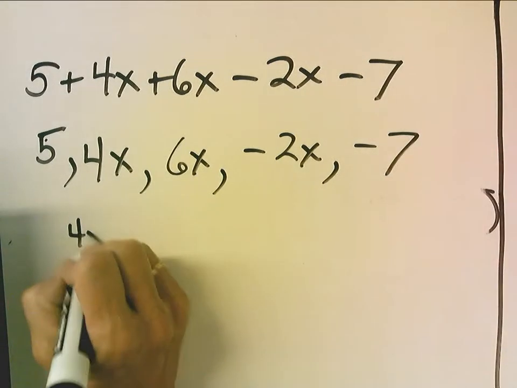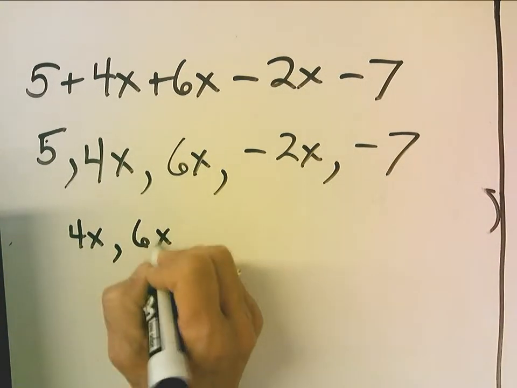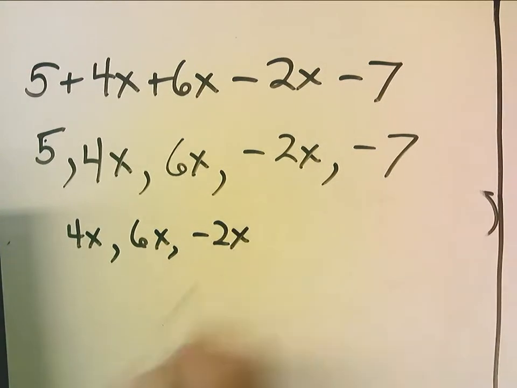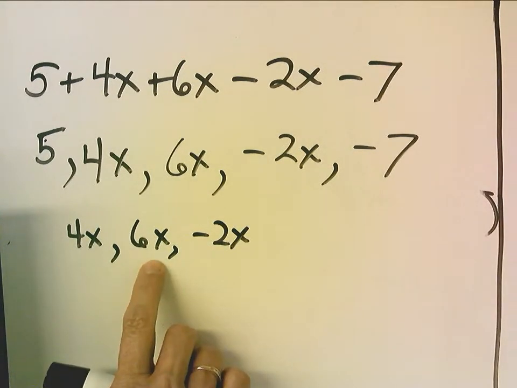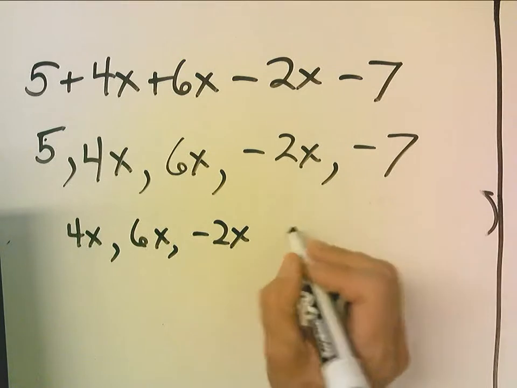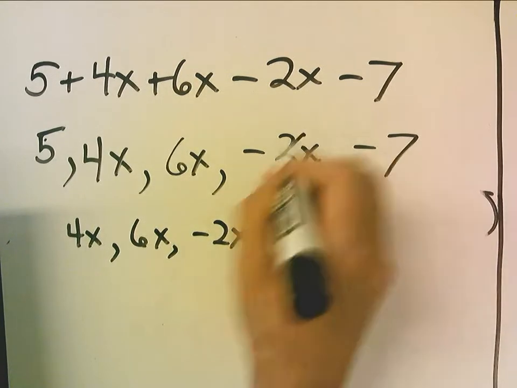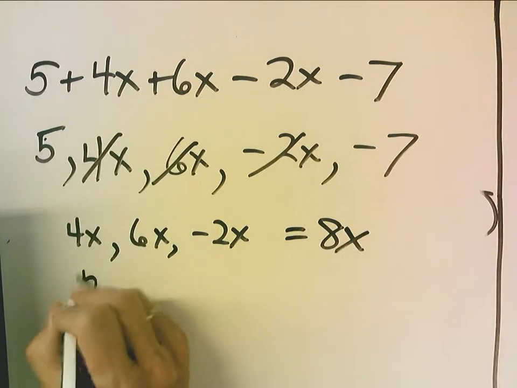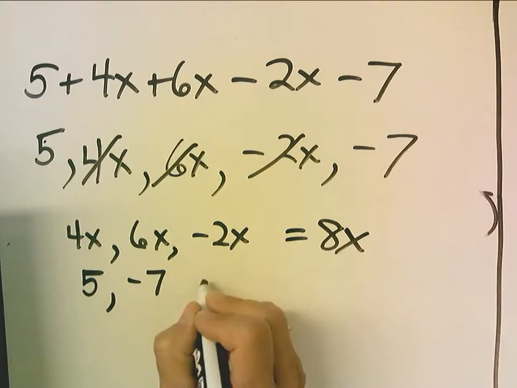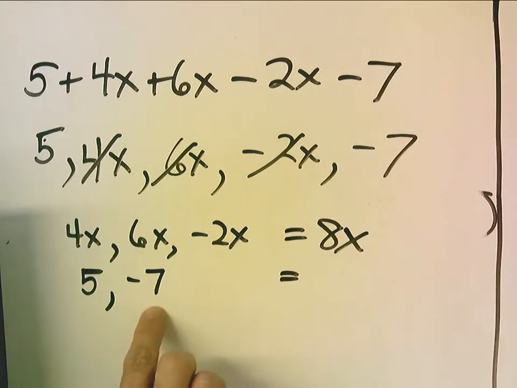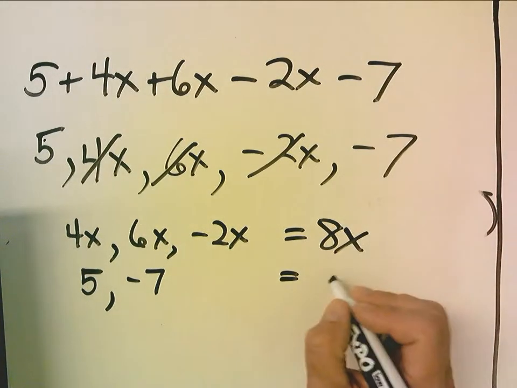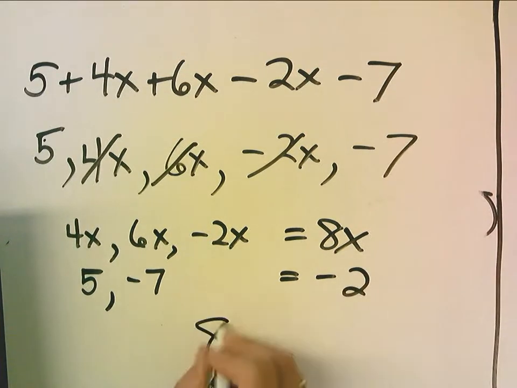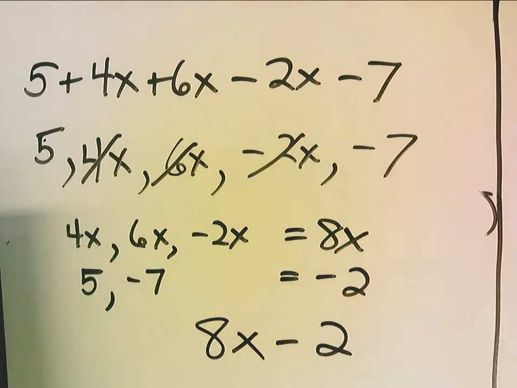I'll list my x's, 4x, comma, 6x, comma, negative 2x. 4x plus 6x is 10x. 10x minus 2x is 8x. And I have a 5, comma, and a negative 7. And the negatives are going to win the tug of war by 2. So my answer is 8x minus 2.